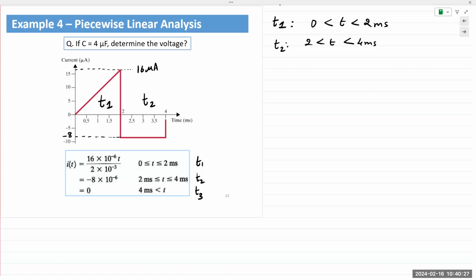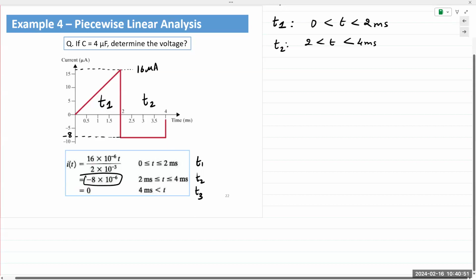Okay, what else do we have? We have 16 microamps, minus 8 microamps. T2 is rather straightforward, so let's tackle that first. Time period 2, and the reason it's straightforward is because it is a constant. It does not change with respect to time. It's a constant value, so I don't need to write an equation.